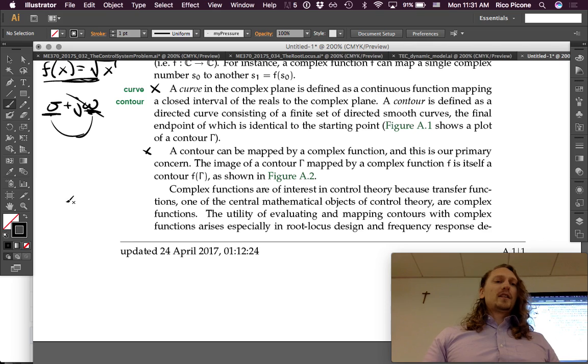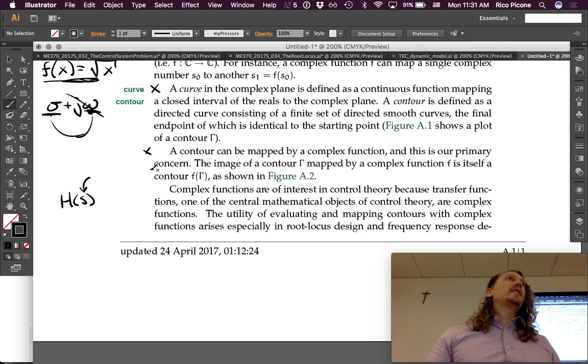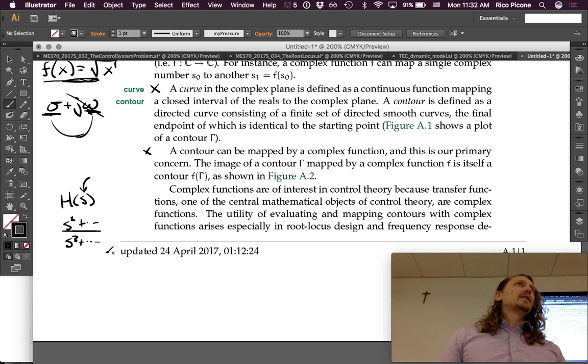Transfer function, h of s, takes in s, which is a complex number, and it gives you back something in terms of a ratio of s polynomials, which is also complex.